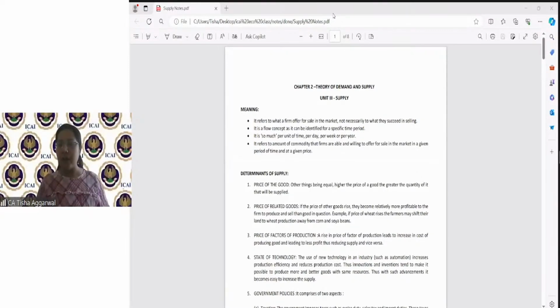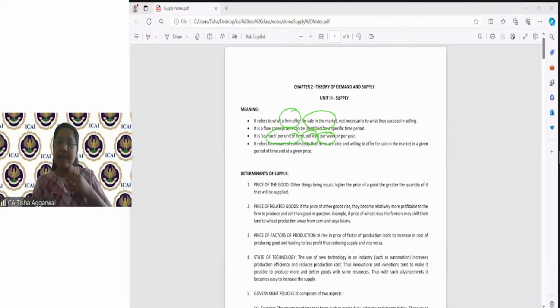Whatever a firm is ready to offer in the market, we divide it per unit of time, per day, how much quantity is available to be sold in the market. That is what is known as supply.